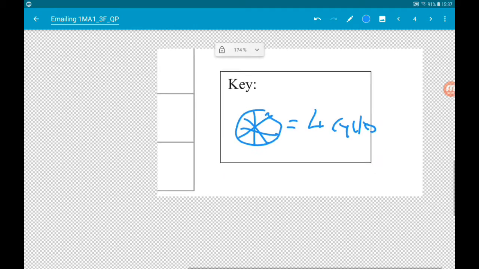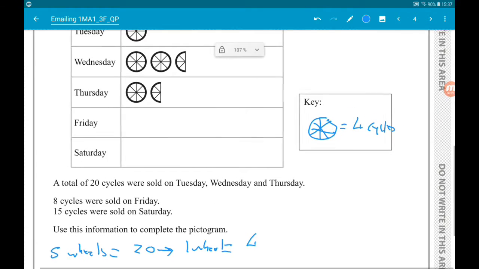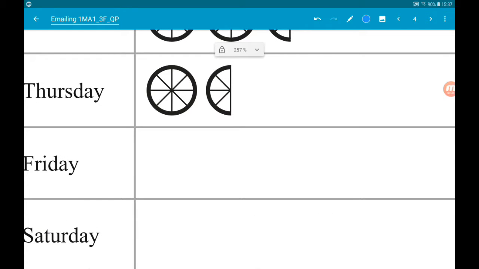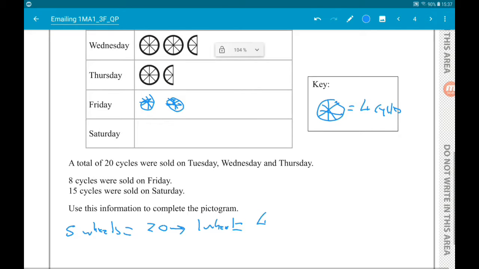Okay, so now that we know the key, we can fill in the other 2 days. So we were told 8 cycles were sold on Friday, so we need 2 wheels. And we're told that 15 cycles are sold on Saturday.